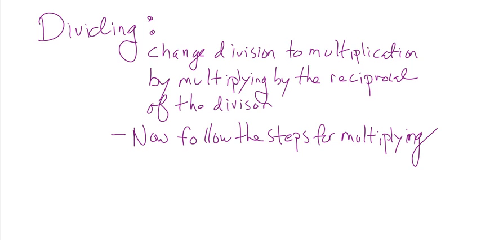And that's all we're doing here. So if we see division, I'm going to rewrite this as a multiply, and then I'm going to do the four steps for multiplying. I'm going to factor everything. I'm going to state my non-permissible values. There will be one additional thing with non-permissible values in division, so we just have to be aware of that. And then we're going to cancel common factors.